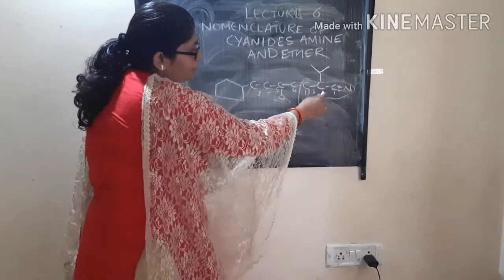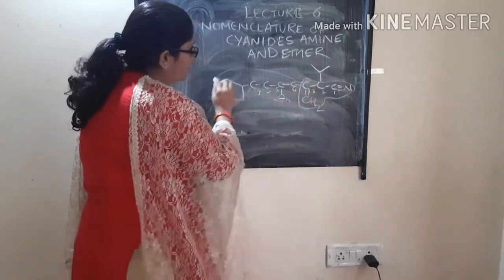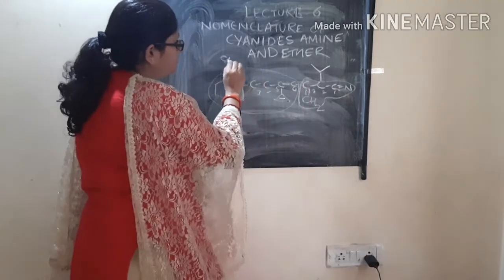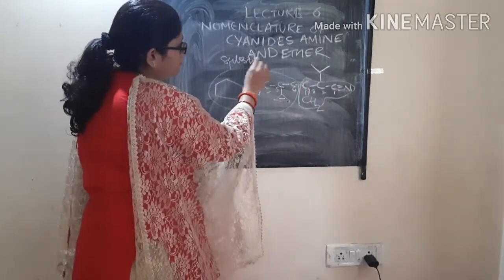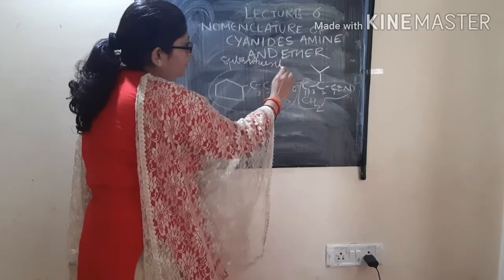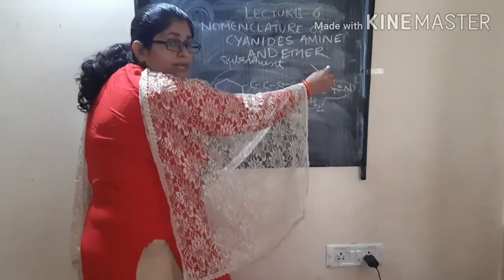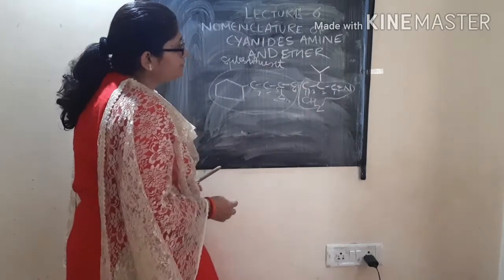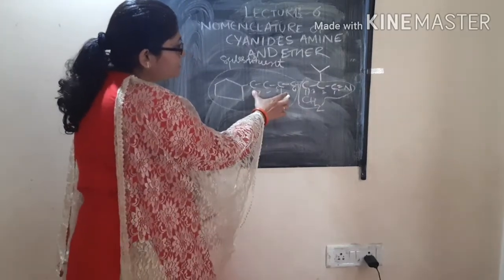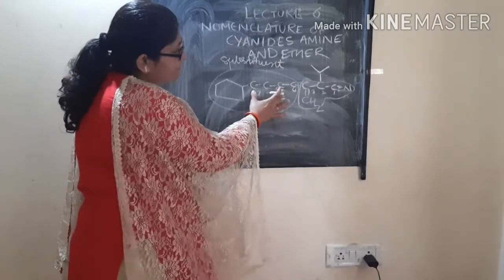So we can see that at the third position this will become the substituent, and at the second position you have 2 methyl groups. So how to name this? First you will name this complex substituent.